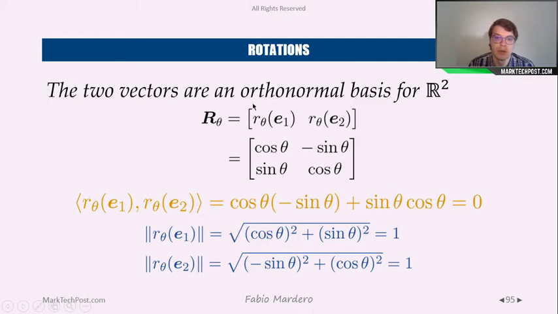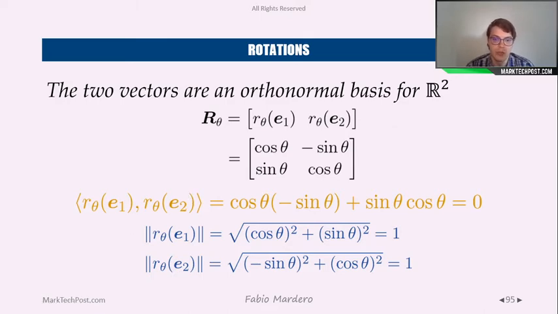So I want to justify why these two vectors are orthogonal and normal. First of all, let's take the dot product between the two vectors.